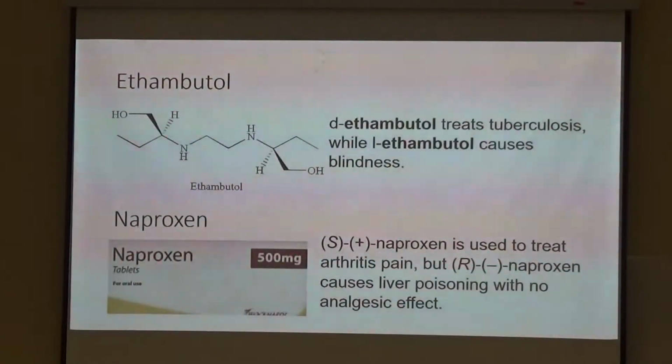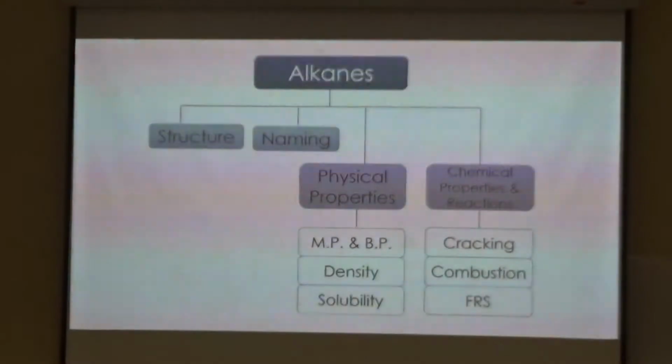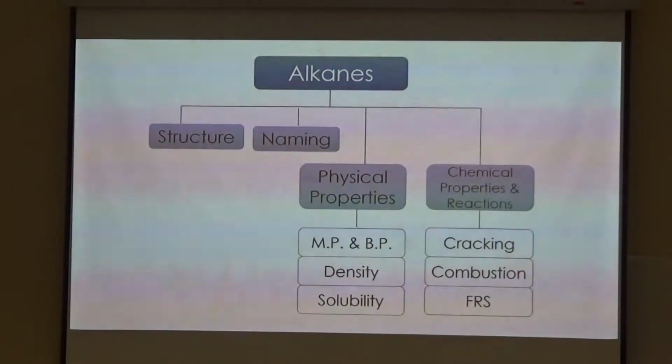But if you use the wrong one again, it's going to cause you liver failure. So a lot of the medicine in pharmaceutical chem, a specific enantiomer is used. You cannot just anyhow produce and anyhow use. Okay, so now we go into lecture proper. I hope you are ready for the lecture.